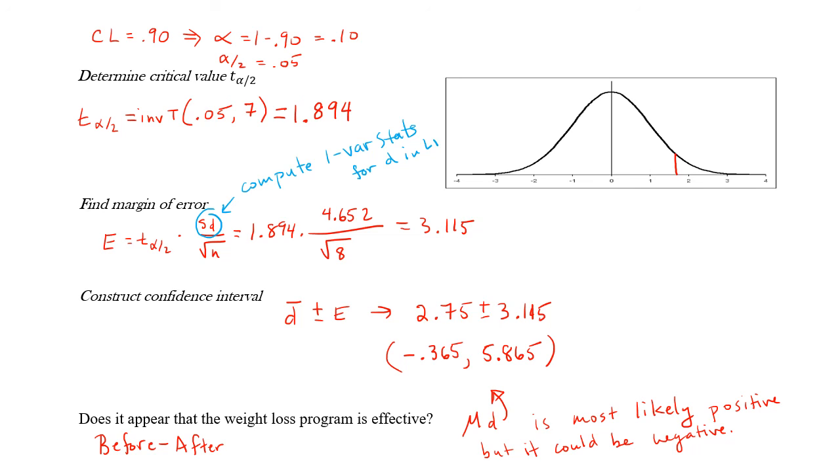So it's most likely positive, which means you did lose weight, but it's possible that it could be negative. So is it effective? Not necessarily. And if we look back at the data in the previous slide, we saw that not everyone lost weight. Some people didn't lose any weight, and some people actually gained weight.